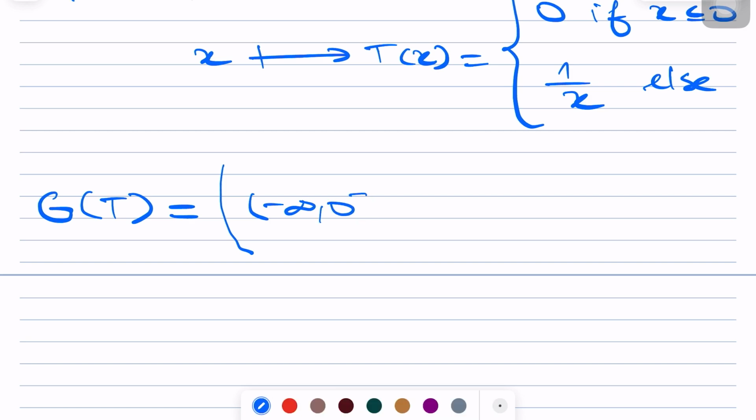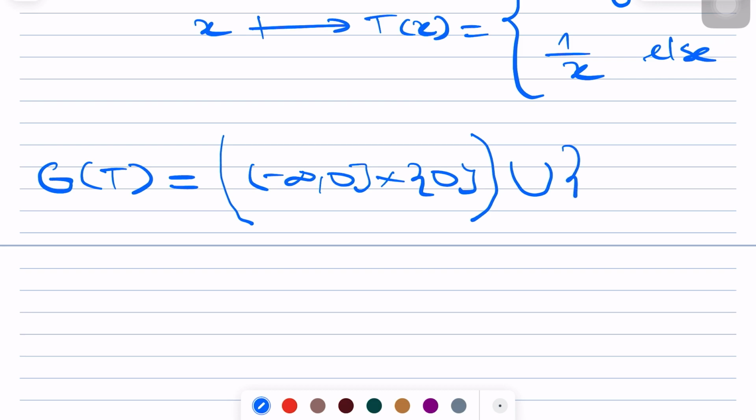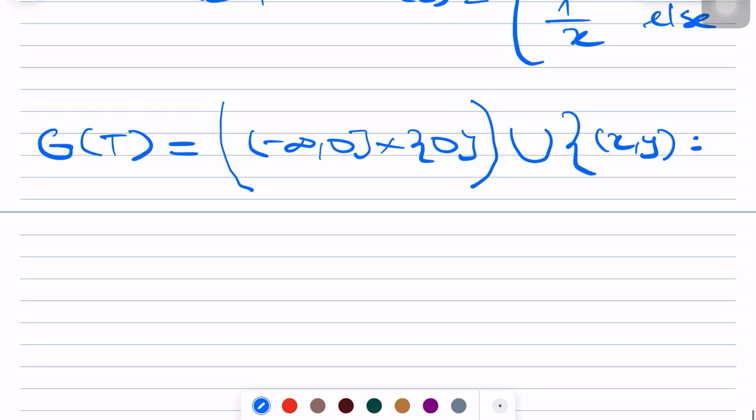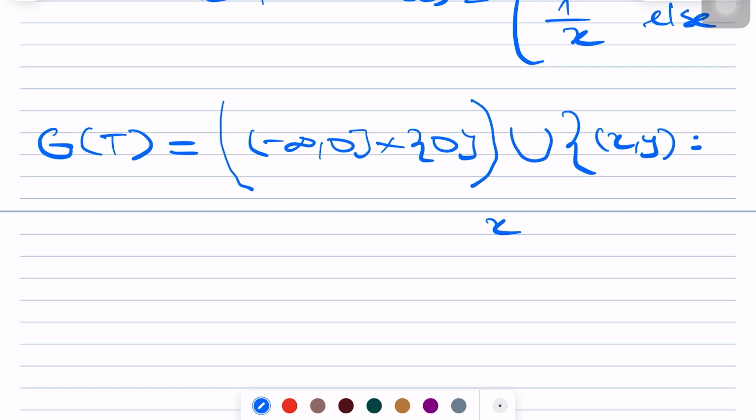I think there is really nothing to check, it is rather straightforward. This is equal to this union with the set of x, y such that x is positive and y is equal to 1 over x.